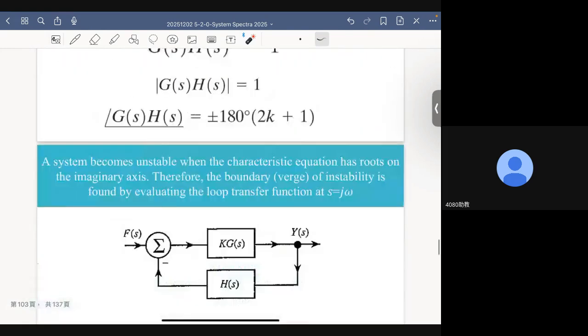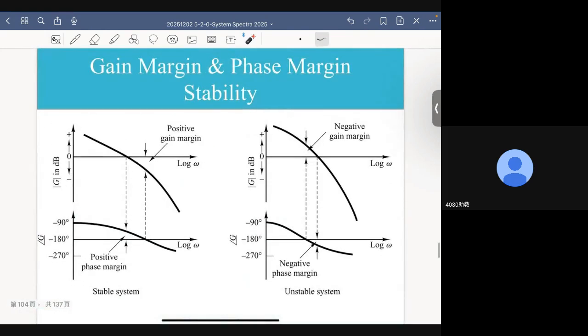Now, let's go one step further. This system has positive gain margin and positive phase margin, which means that this system is stable. I will tell you why this system is stable later. However, for this loop transfer function, the gain margin is negative because the gain of this magnitude plot at the phase crossover frequency actually has a positive dB value.